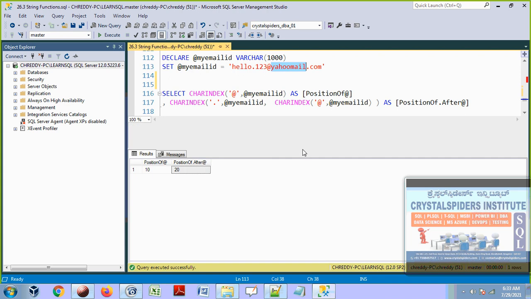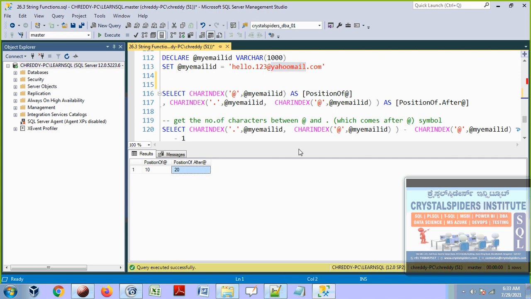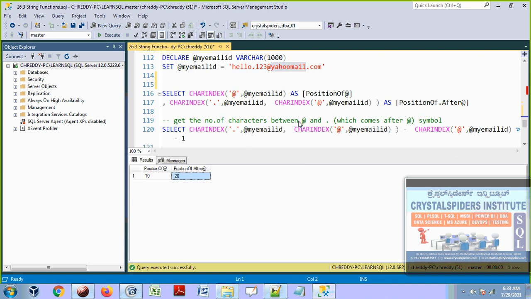To get that 9, I am going to show here. To get the number of characters between the at the rate symbol and the dot symbol. This is the dot symbol which comes after the at the rate symbol. You see what I did, I just copied this one as it is, minus the position of the @ symbol, and again I did -1.